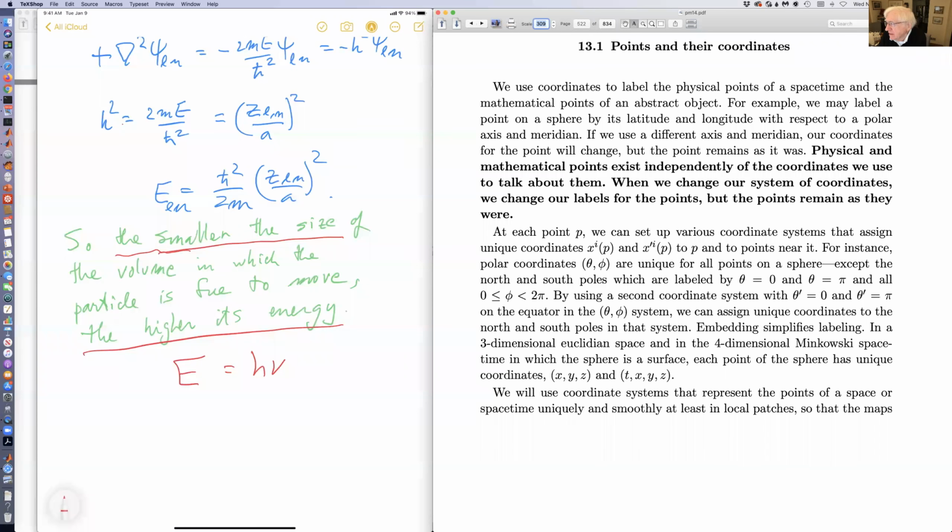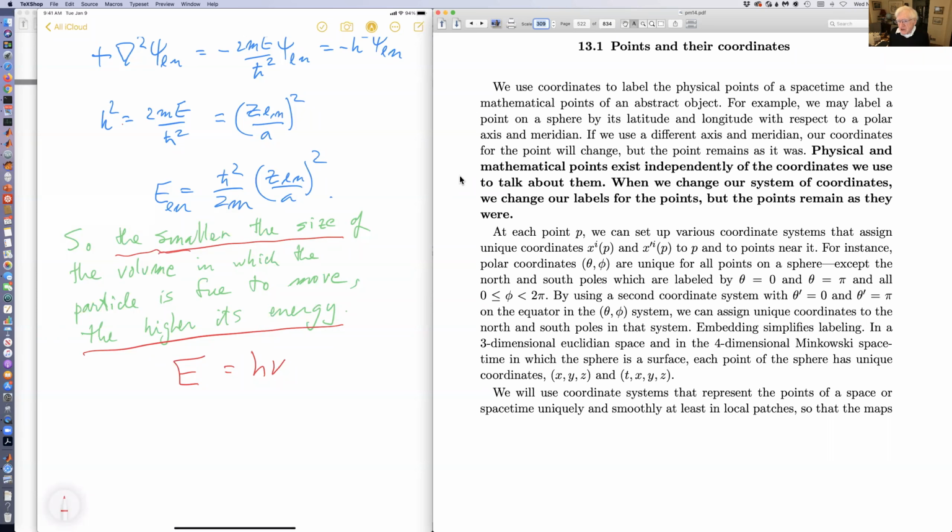All right. Now, if not, then let me mention what I think is one of the really important points that Einstein and others realized about 100 years ago, and it's that physical and mathematical points exist independently of the coordinates that we use to talk about them. Now, that's kind of obvious, isn't it?